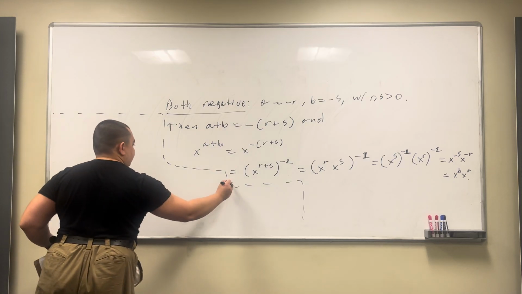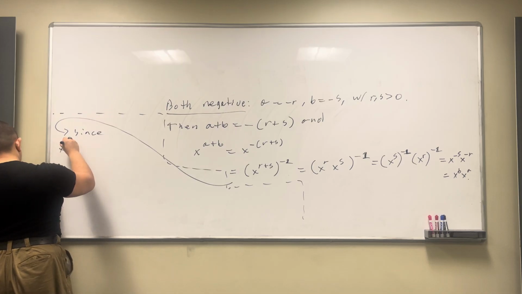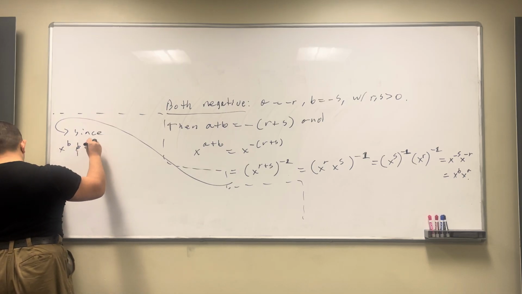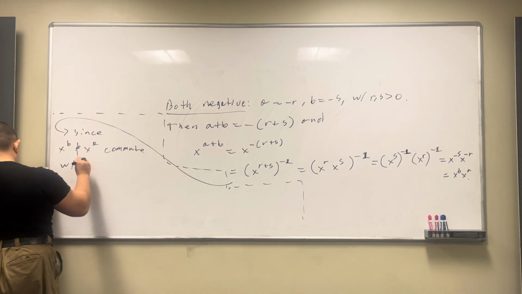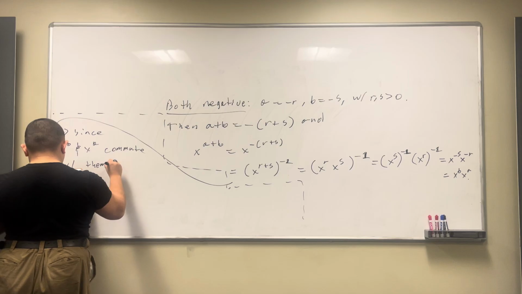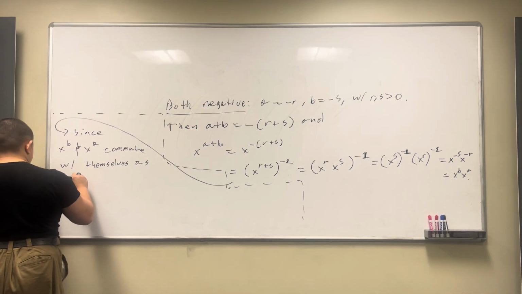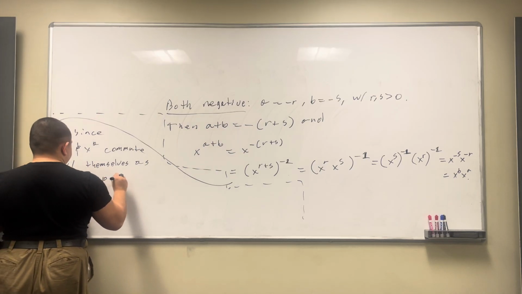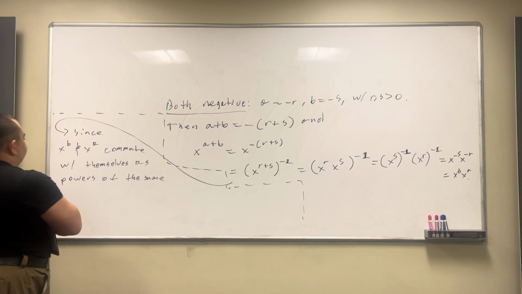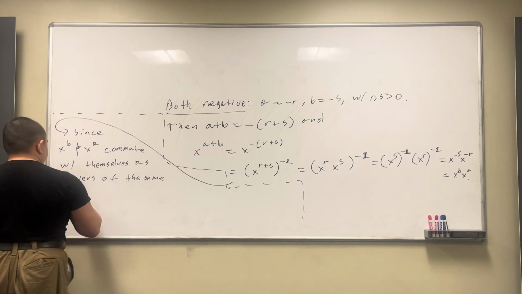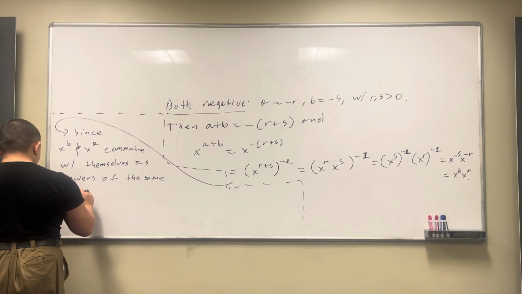So since x to the power of b and x to the power of a commute with themselves, as powers of the same element, what can we say then?